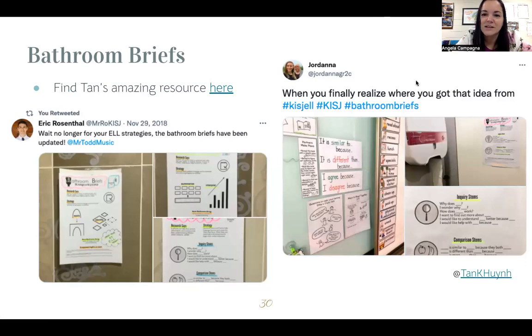So this is a tweet here from my colleague Jordana, who teaches 2nd grade homeroom. And she took a picture of the bathroom briefs and wrote, "When you finally realize where you got that idea from," and then a picture of how she used it in her classroom, which was brilliant. And then of course, it's always nice when you've got colleagues asking for more bathroom briefs, like when's the next one coming up?